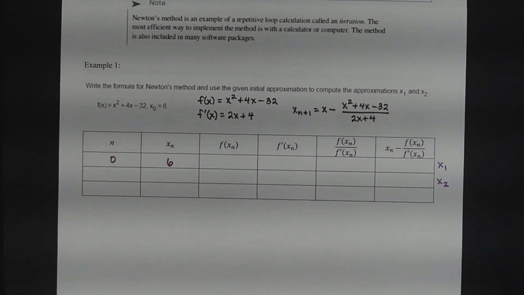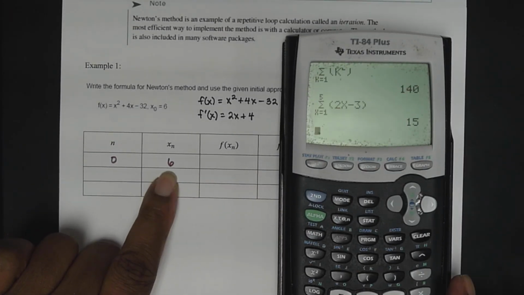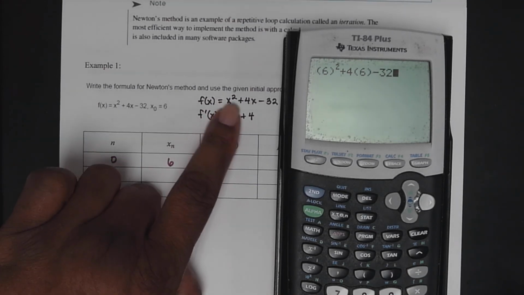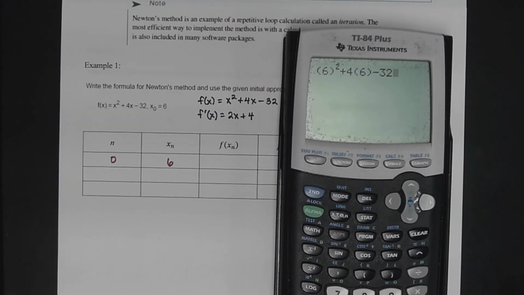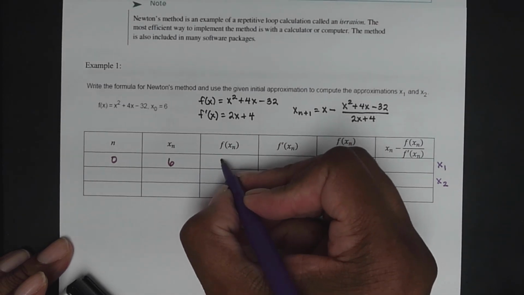So using our calculator, we'll just replace each x with this 6. I'm going to put 6 in parentheses, squared, plus 4 times x, which is 6, and then minus 32. I'm substituting every x in f of x with 6. That would give me 28. So that 28 goes in this box here.